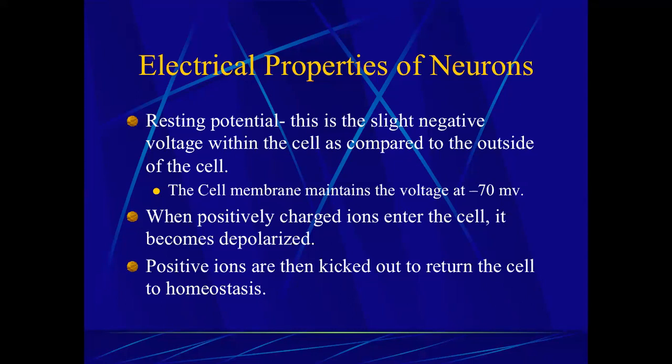And within the cell, at rest, before any action potential or anything is going on, the cell membrane is roughly negative 70 millivolts. I say roughly because in reality, it does vary a little bit here and there. Sometimes it might be negative 72 millivolts, a little bit less. But in general, the average we estimate to be about negative 70 millivolts.